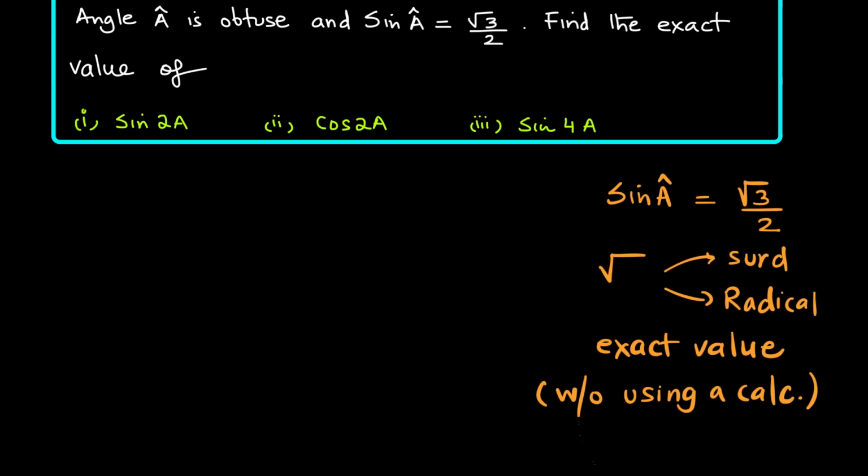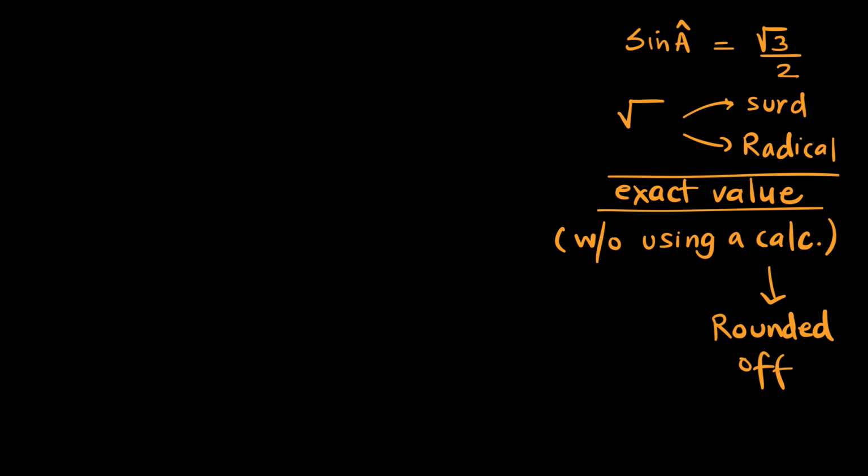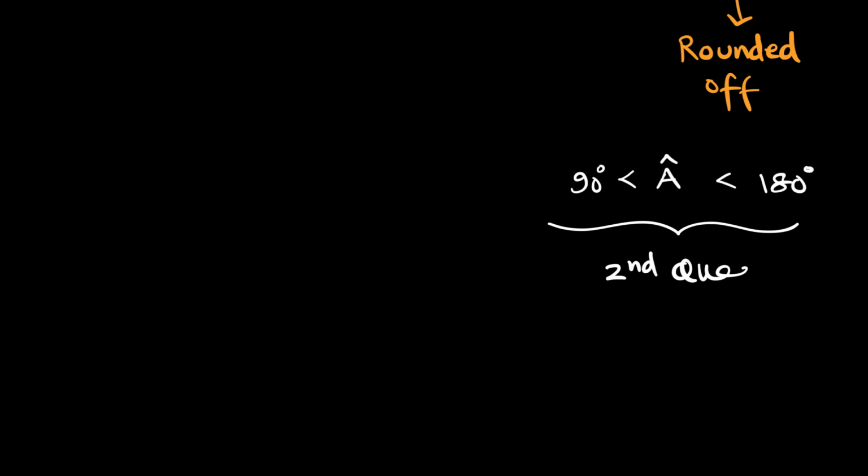Now, when we use a calculator, the answers are rounded off to a certain degree of accuracy. So therefore, we are using the exact value. The second thing is, since angle A is obtuse, that means it lies between 90 degrees and 180 degrees, and therefore it lies in the second quadrant.